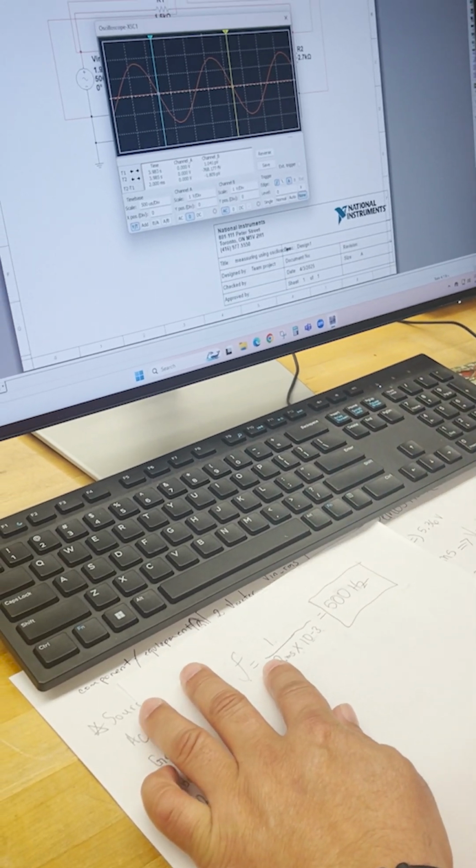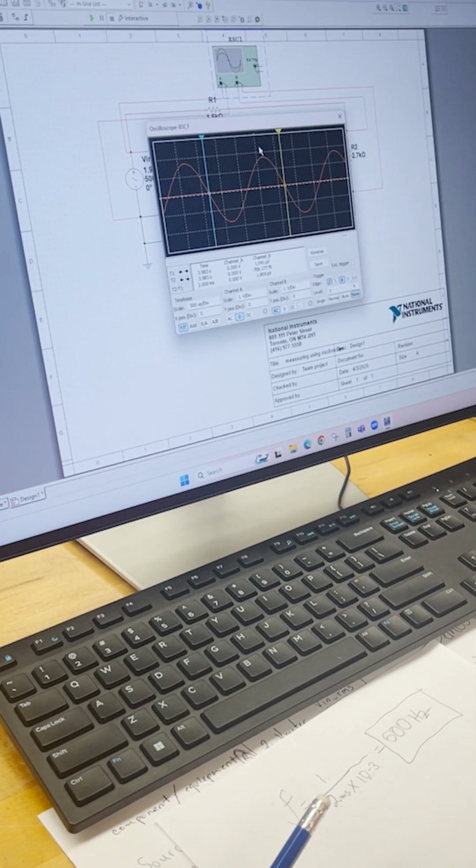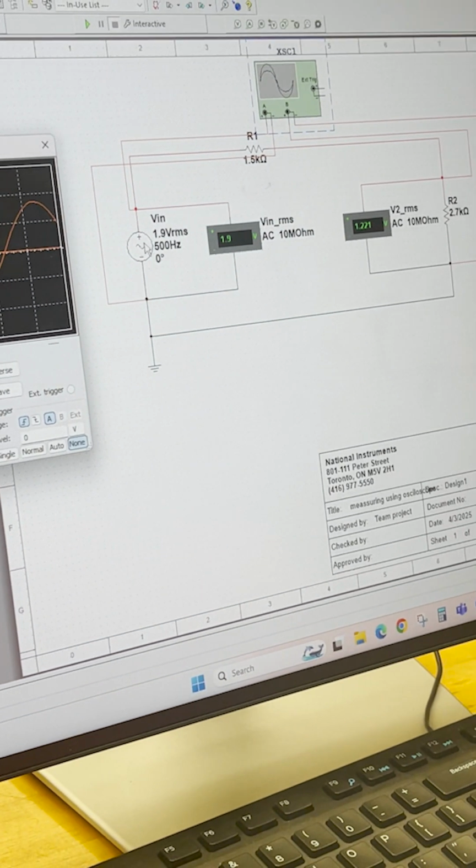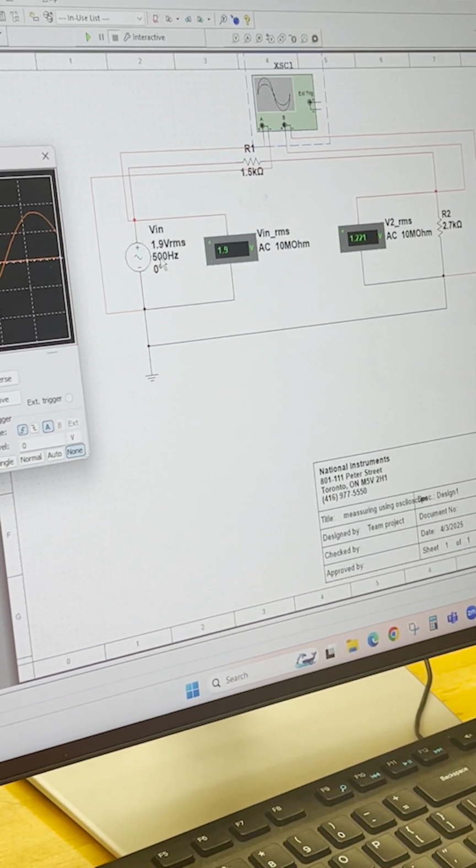And it also proves what we have initially, which is the 500 hertz.